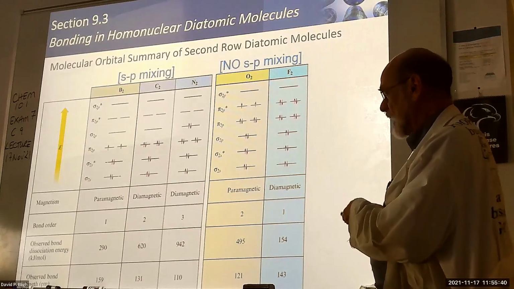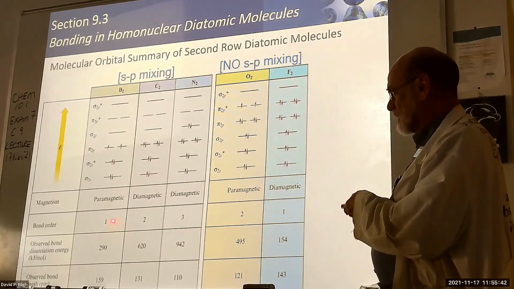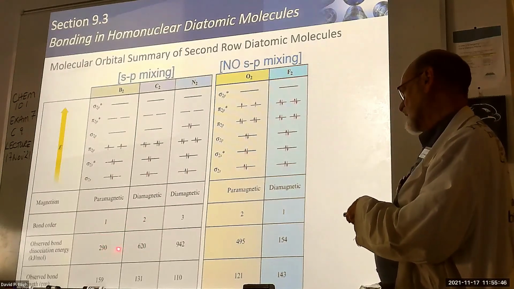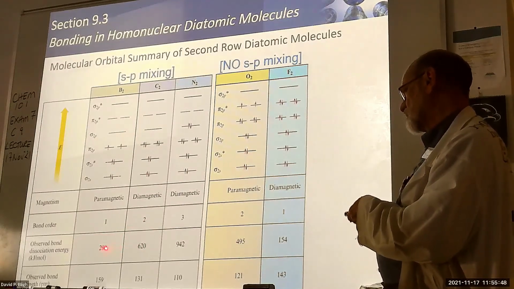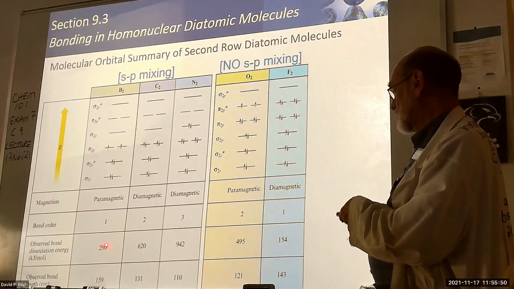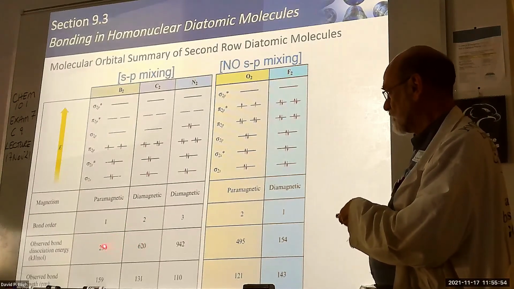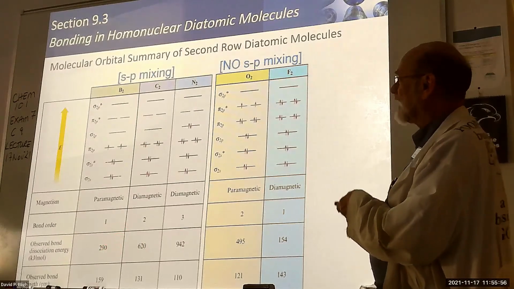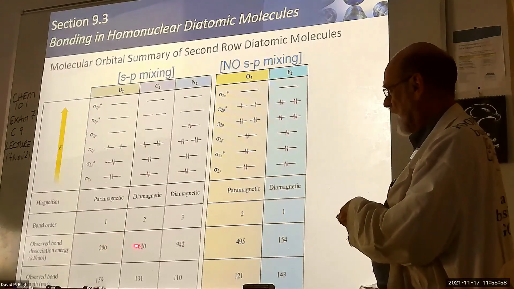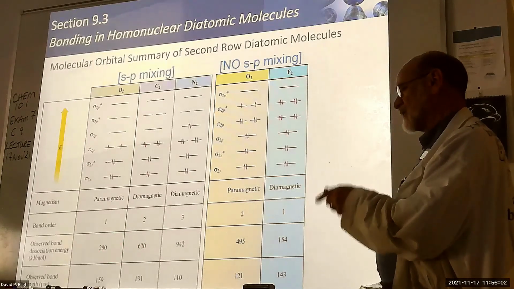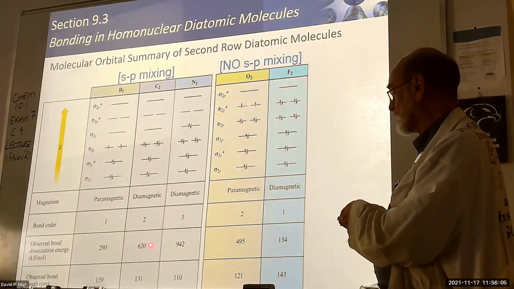And also notice that the double bond is not, well, in this case, that blows my theory. The double bond is actually more than twice the value. I would expect that a double would not be twice the single, but in this case, it's more than twice.